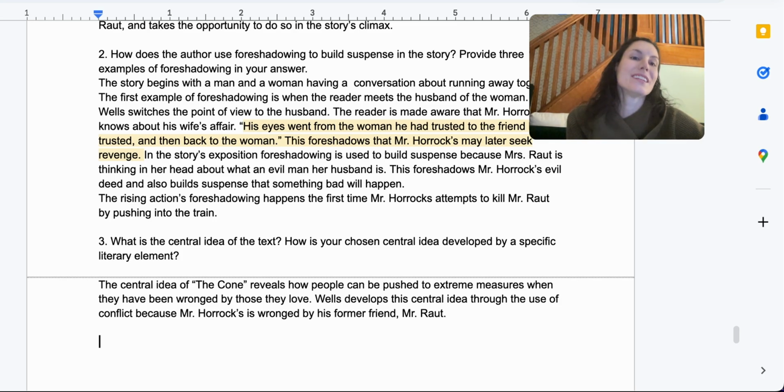And both in The Cone and The Stolen Bacillus, we have characters that were trying to use technology in a dangerous or threatening way. So if Mr. Rout is going to be our protagonist, he would have been viewing this technology as a way to gain inspiration for art, whereas Mr. Horrocks, it was his livelihood, how he made his income, but then he also used it as a way to seek revenge.